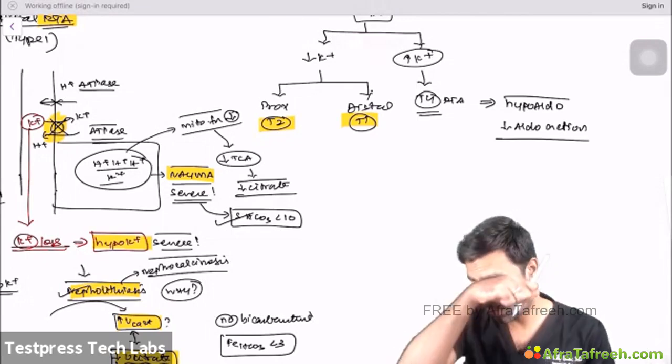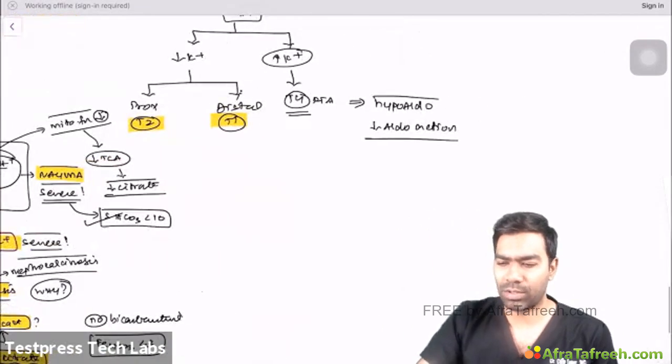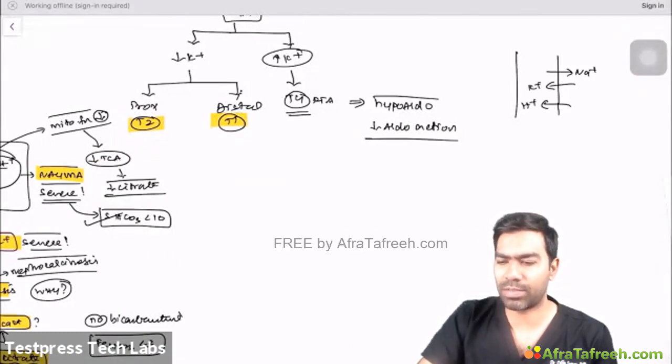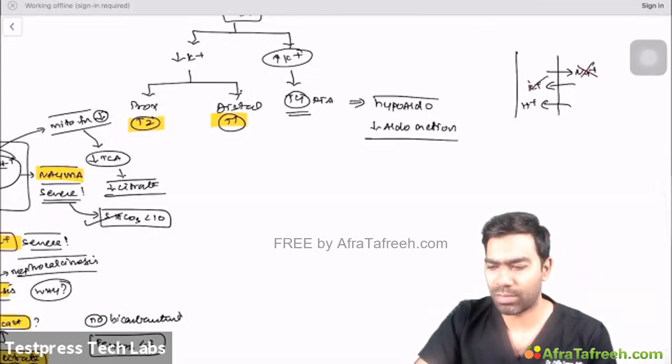So any one of them will result in the development of a type 4 RTA. You know that aldosterone is important for sodium reabsorption, potassium excretion, as well as H+ excretion. That's why I'm telling multiple times, whenever you don't have aldosterone, you will not be able to absorb sufficient sodium, sufficient potassium will not be excreted, and sufficient H+ will not be excreted.